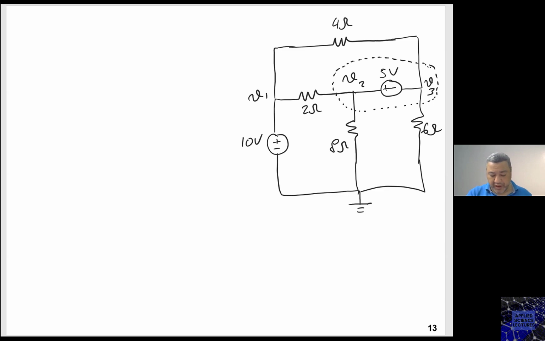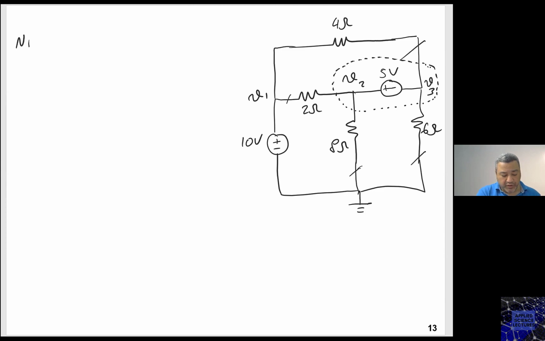So notice how many branches I have: 1, 2, 3, and 4, right? Now I will write the nodal equations by inspection. So let me first start with the first node at V1.